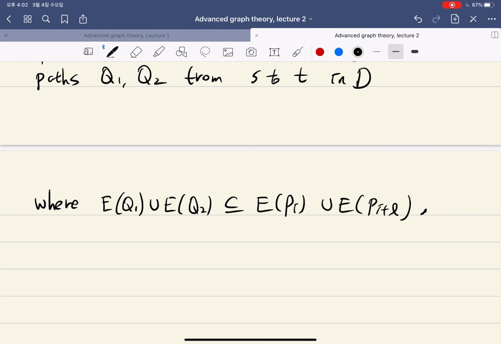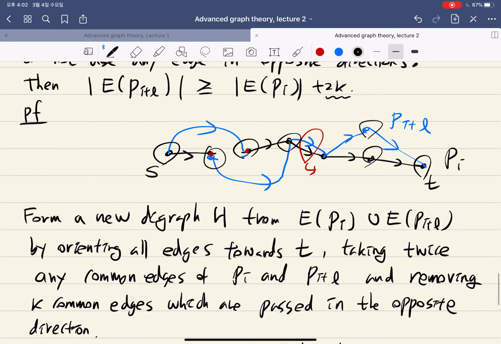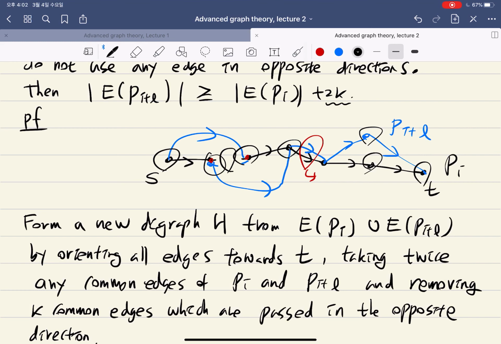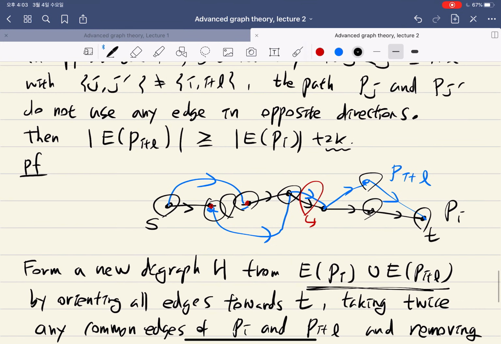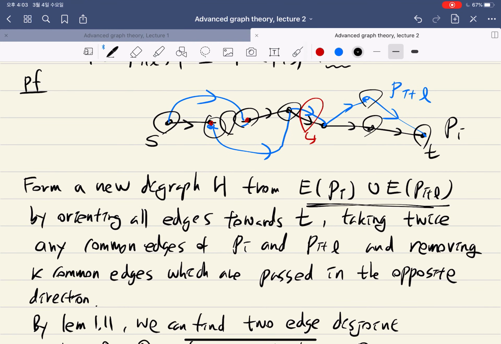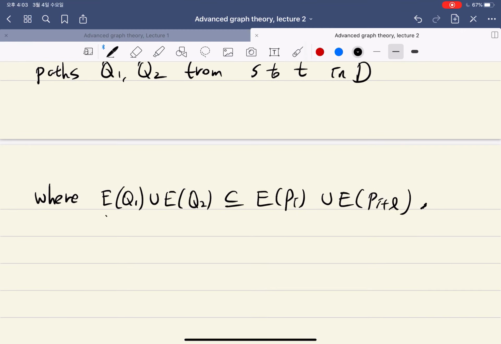Now what we want to claim is that some of the edges are lost. When taking the union, we deleted k common edges. And then we find the two edge-disjoint paths.